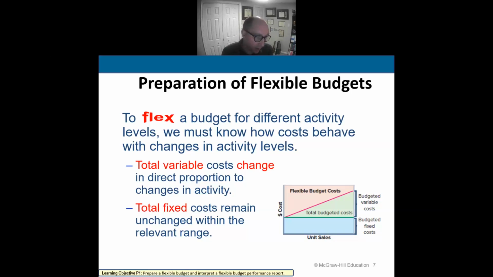It's based off of my capacity. Remember, capacity is the amount of units I could potentially make up to 100%. That's how I come up with those low, medium, high levels of activity, and I have the ability to be flexible in my budget based off those ranges.